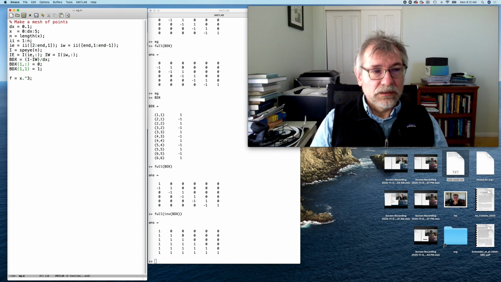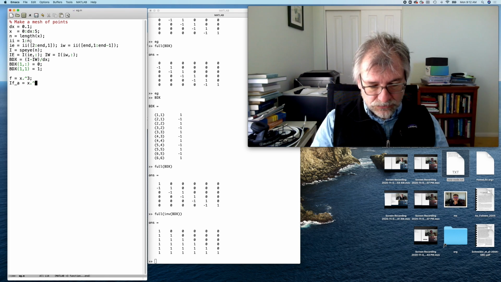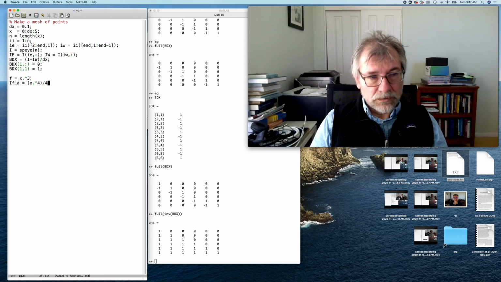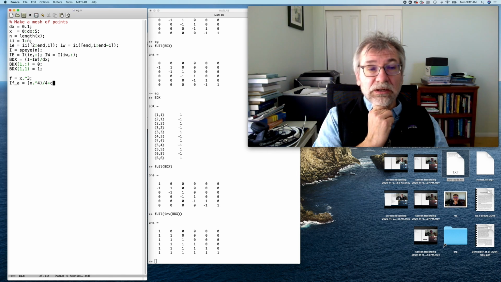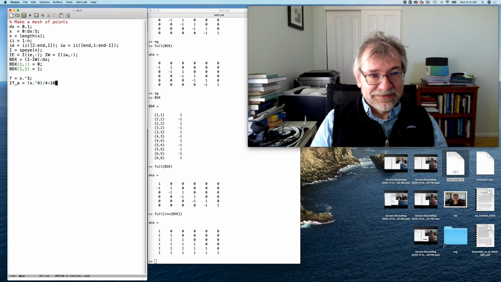So the integral of f analytical is equal to x^4/4 plus some constant. And we can decide whatever constant we want. Let's pick the constant to be 10. All right, so this is the integration constant.